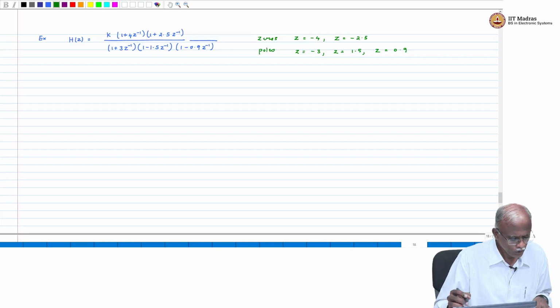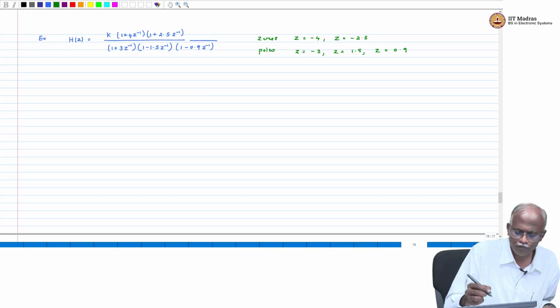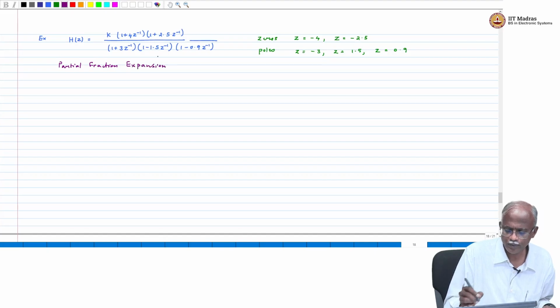All right. So now what we would like to do is write down a simple way of dealing with this particular example. The first step is the partial fraction expansion. We had already explained what partial fraction expansion is.